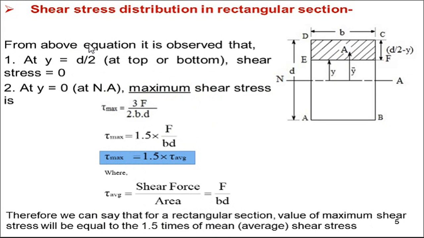Now, for the above equation, it is observed that at a distance y equal to d by 2 at the top or bottom, that is, from the CG or neutral axis, the distance is d by 2 up to the top or the bottom, the shear stress is 0.